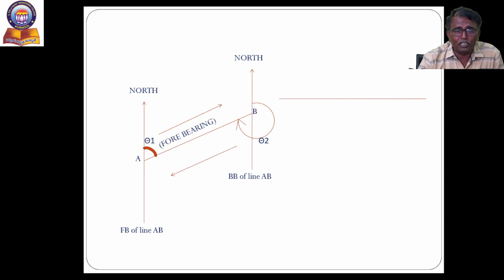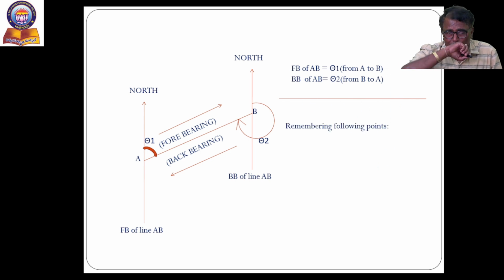When you are observing from the succeeding station, it is a back bearing. So again, the fore bearing of line AB is theta 1 from A to B, whereas the back bearing of AB is theta 2, observed from B to A.